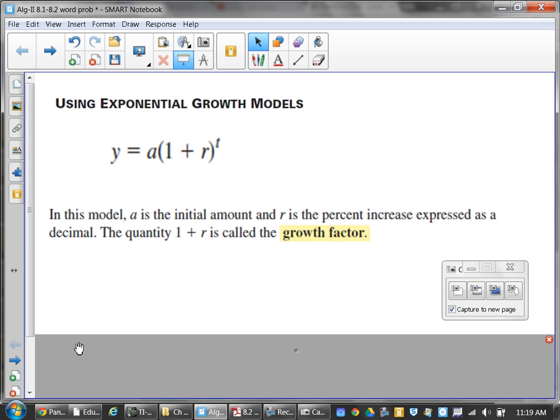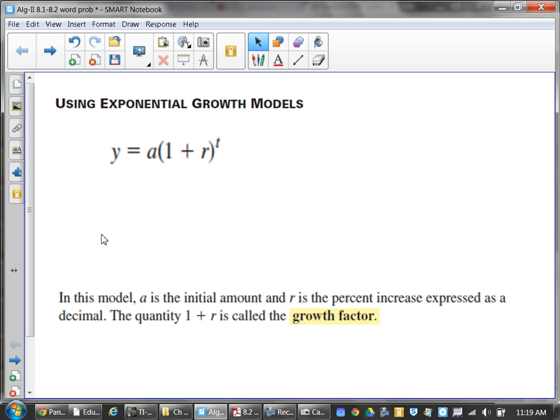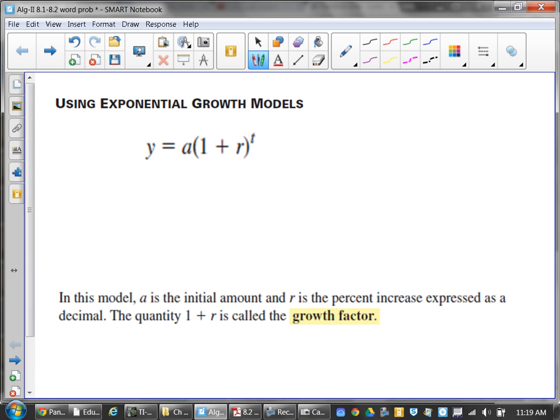So here we go. We've got this exponential growth modeling, which is extremely simple to work with. You have this generic function, y equals a times the quantity 1 plus r to the t, where a is your initial amount, r is your rate in decimal form.